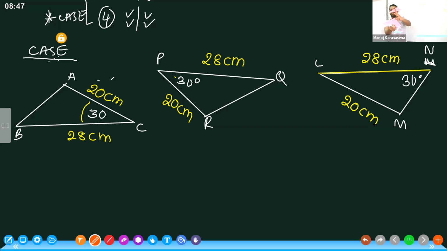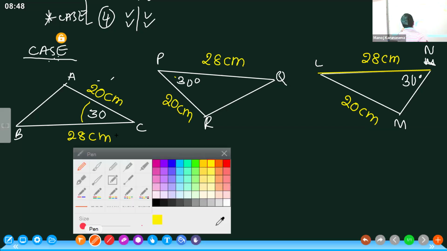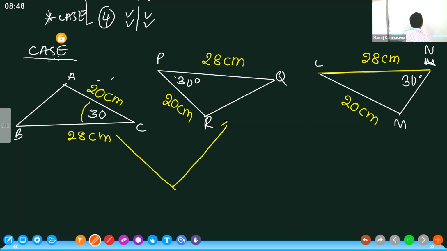See? These two are congruent. Does the other one become congruent? Two sides and one angle are equal, but it doesn't fit. This triangle is not congruent; these two are congruent. From this activity these two triangles got congruent to one another.